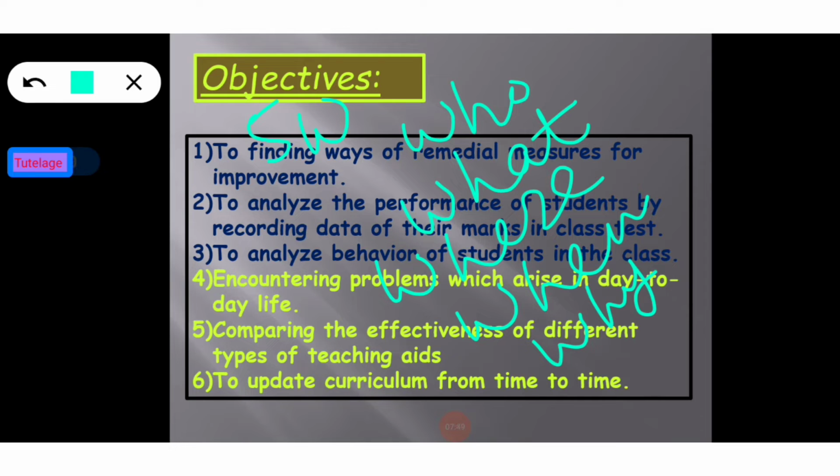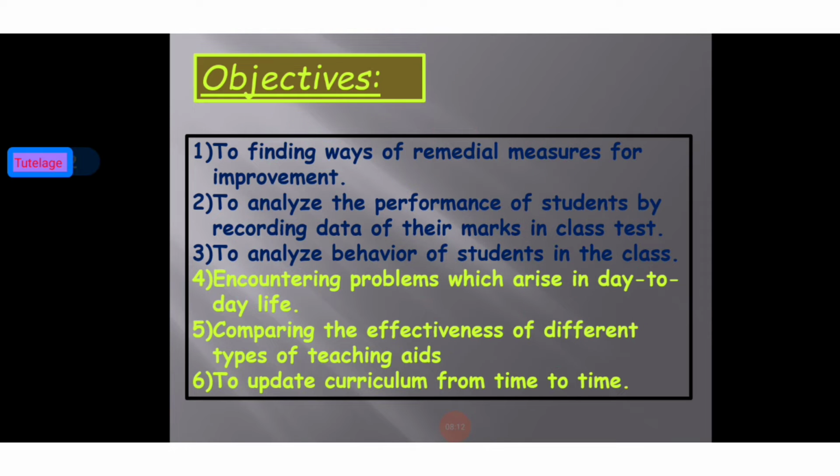So research is generally oriented towards looking into 5 W's, that is who, what, where, when, why, and one H of a problem. That is most important, obviously, that is how. So who, what, where, when, why, and how all are important, all are related to the research process. Clear? So now move on to the next slide.